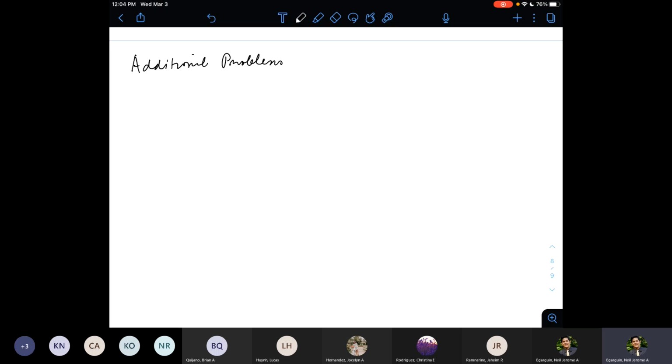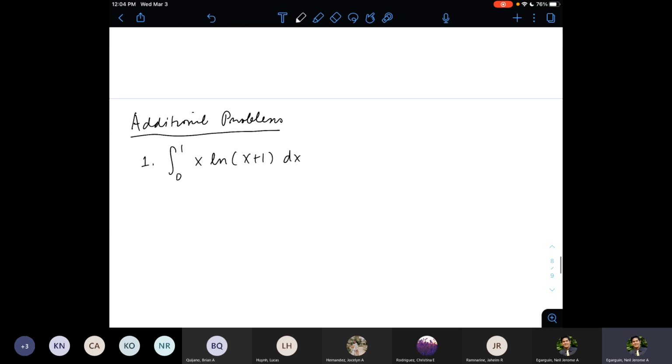I'll call it additional problems so that the numbering will not be consistent with the worksheet. So the first problem is the integral from 0 to 1 of x ln of (x plus 1) dx, right? I don't remember if we did the definite integrals last time, but this is one example wherein my personal preference is to forget about the bounds for now, compute the antiderivative, then apply the fundamental theorem of calculus later in the game.